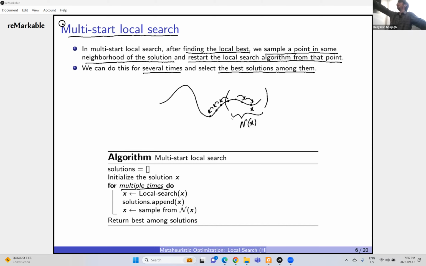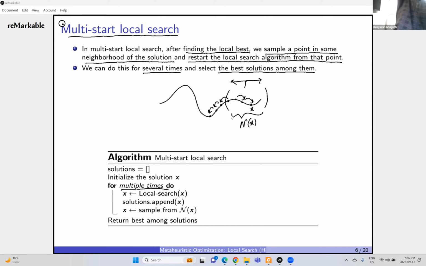It's a good point that you mentioned. The question was, what if we start from the neighborhood around that and we get stuck in the same local best again and again? The solution to this question is that let's increase the neighborhood when we are searching, right? So what do I mean? The local search gave me some solution.